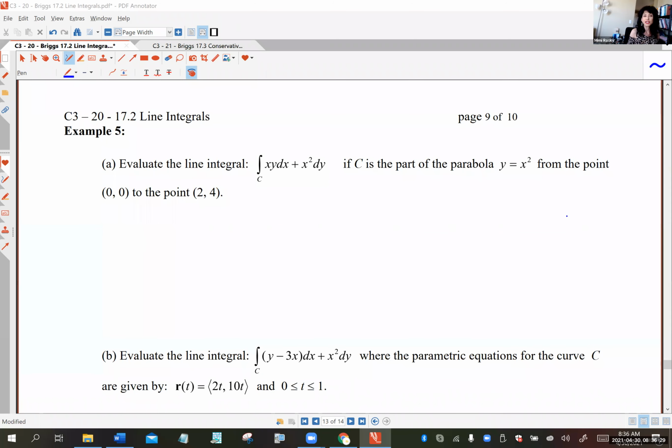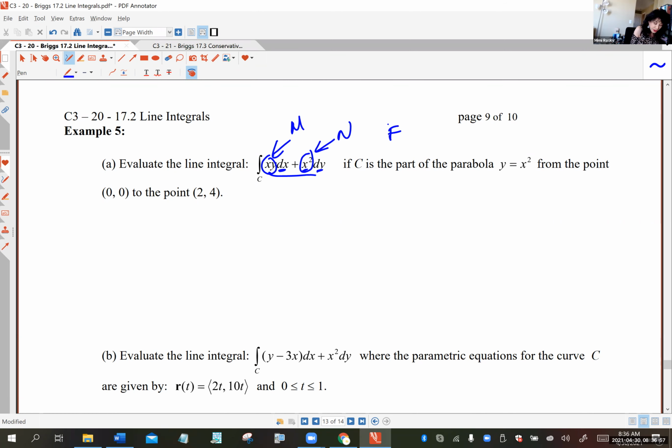So let's do a differential form line integral. So how do I know it's differential form? Because it looks like it. Look at this. You've got something times dx plus something else times dy. So this xy that's multiplying with the dx, that's your M, and the x squared is the N. It's understood.